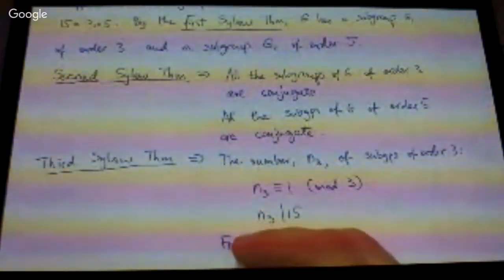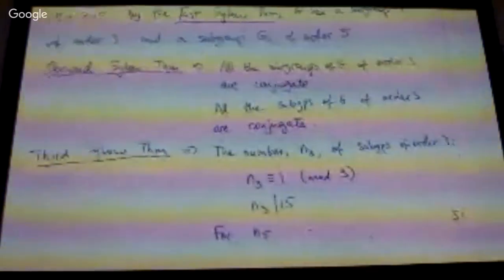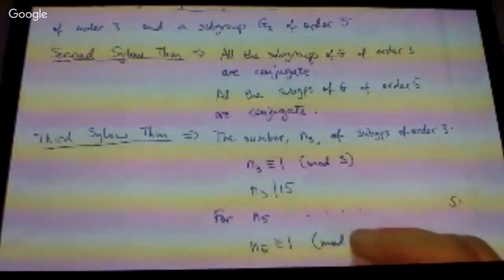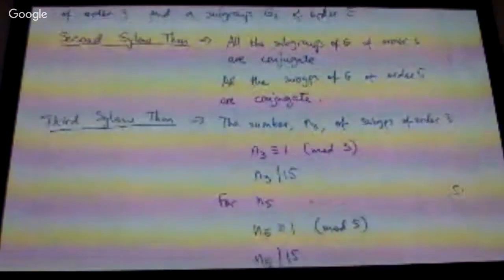And for n5, the number of subgroups of order 5, it's congruent to 1 modulo 5, and it also divides 15. So what can they be?